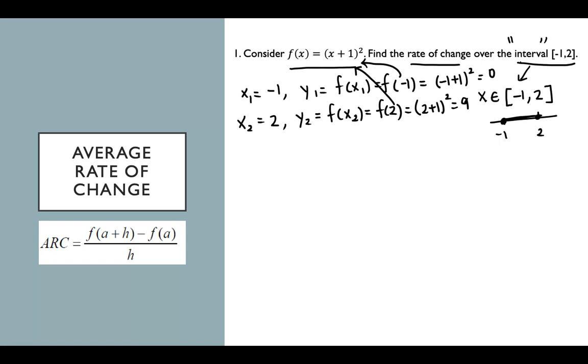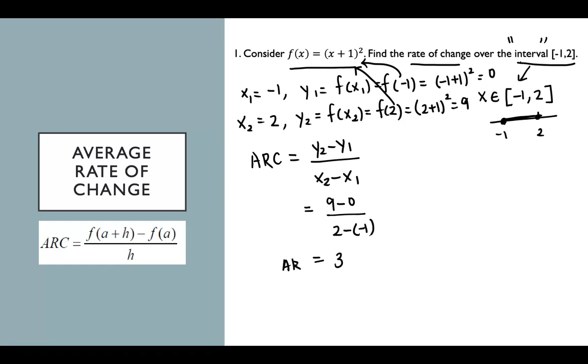That's it. So average rate of change is equal to y2 minus y1 over x2 minus x1. Then you plug it in. So 9 minus 0 over 2 minus -1, and that will give me 3. So that is the slope of a secant line, or average rate of change. We didn't have to use this formula because the 2 points are given.